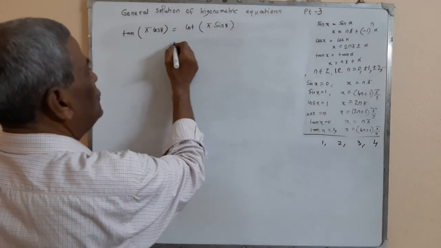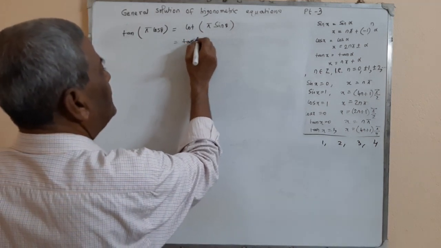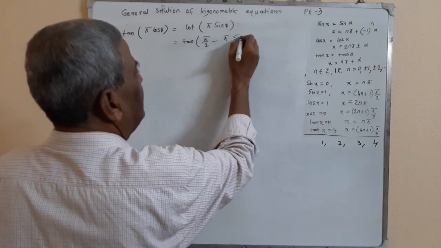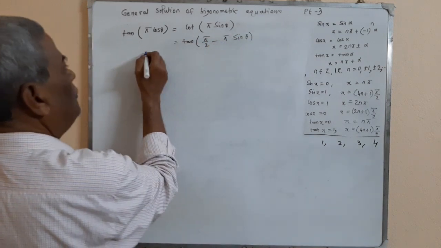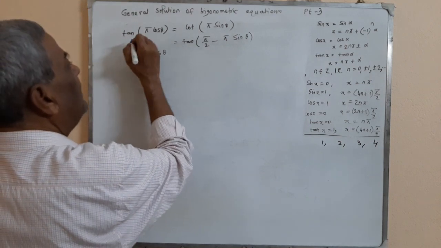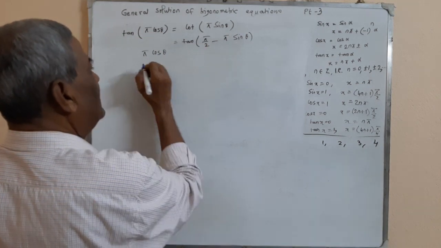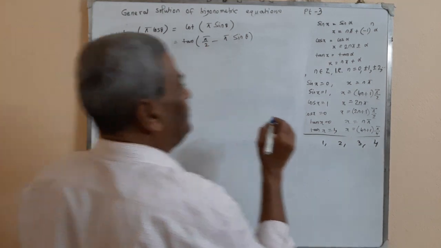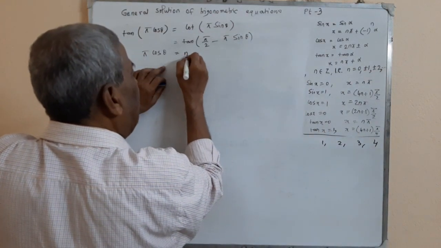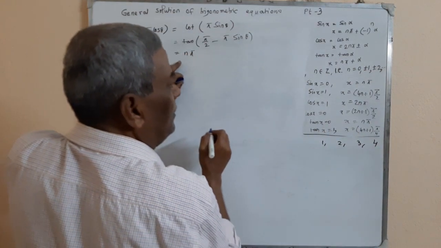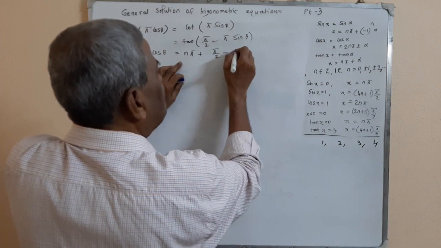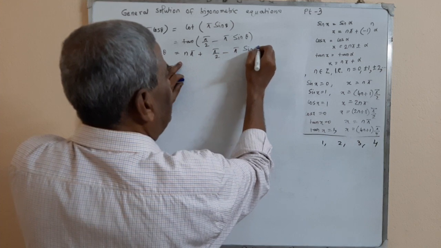This is equal to tan of pi by 2 minus pi sin theta. Therefore, pi cos theta. If tan x is equal to tan alpha, it is equal to n pi plus pi by 2 minus pi sin theta.